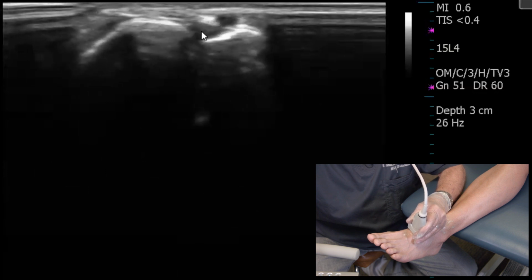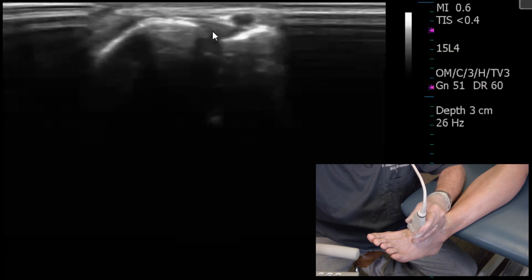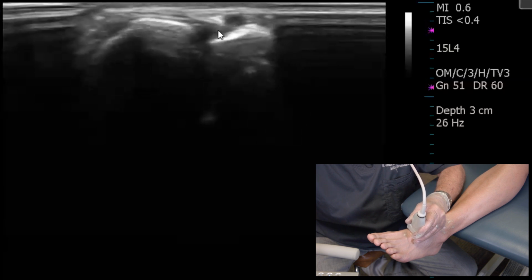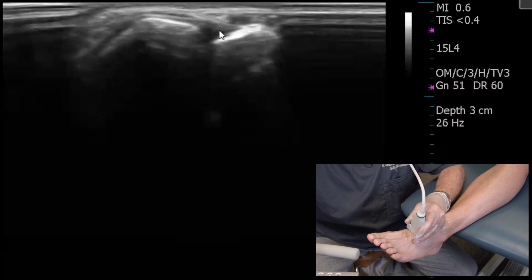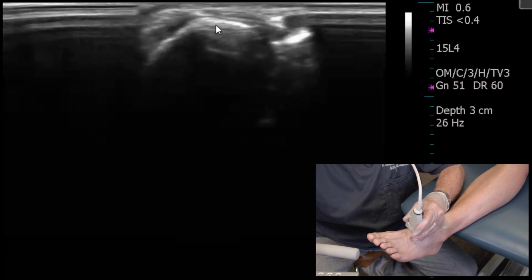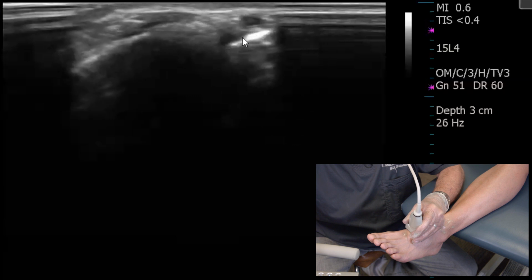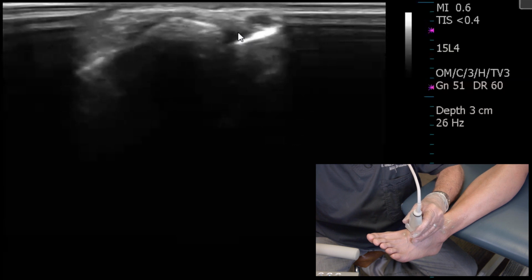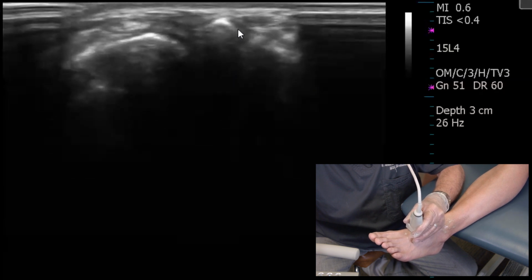You have the dorsal surface of the ligament as it moves up, and it's in between these two structures. Again, this is the base of the first metatarsal. This is the cuneiform coming in, and you can see the ligament runs across the tendon.